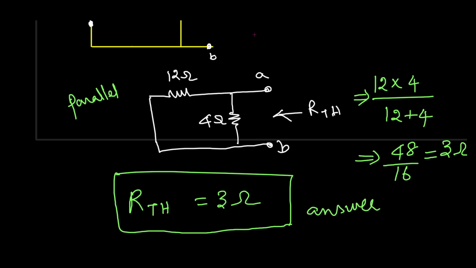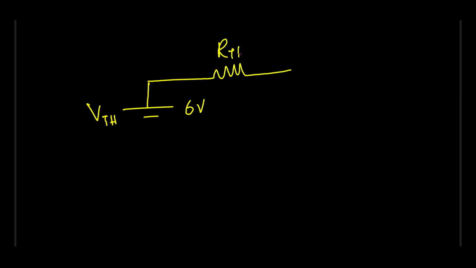So once you get the two answers, now you go for the equivalent circuit. So what is your VThevenin? It is 6 volts. Then here you have your RThevenin. So what is the value of RThevenin? It is 3 ohms. Then they are connected to these terminals A and B. This is actually the equivalent circuit, right?